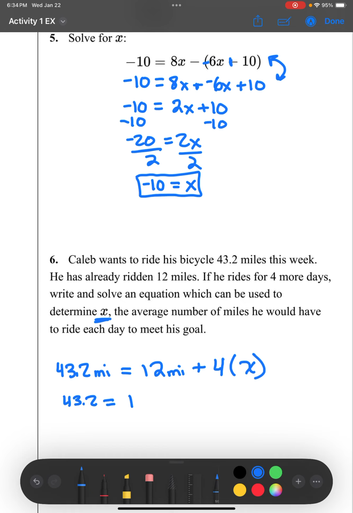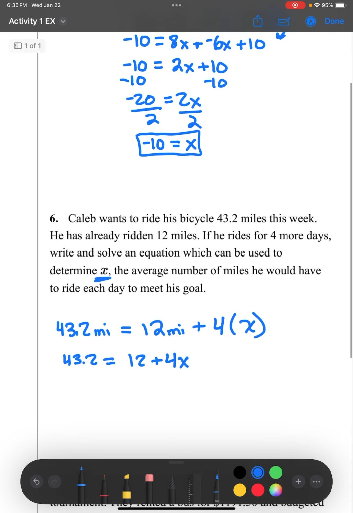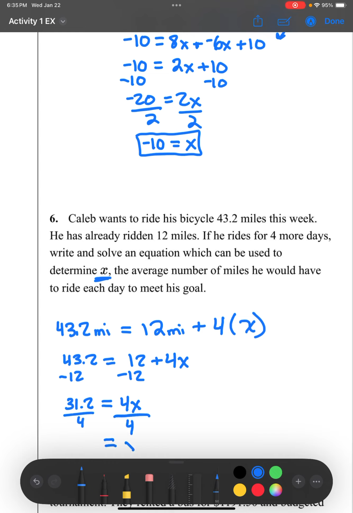So this is the equation we are working with to solve how many miles per day he will be going, right? So we subtract 12 from both sides. That leaves us 31.2 equals 4x. Divide by 4 on both sides. x is 7.8.